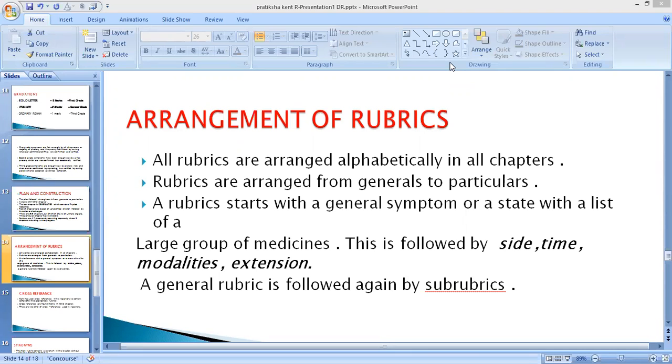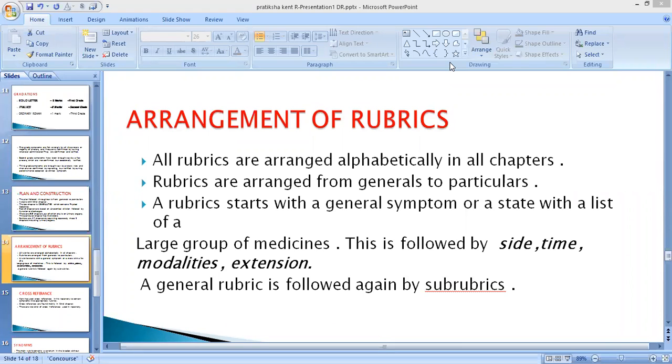So his repertory was also arranged according to his philosophy. The first section is mind, which is related to mental generals, and most of the physical generals, especially the general modalities, we found in the section generalities, which is the last section in this repertory.